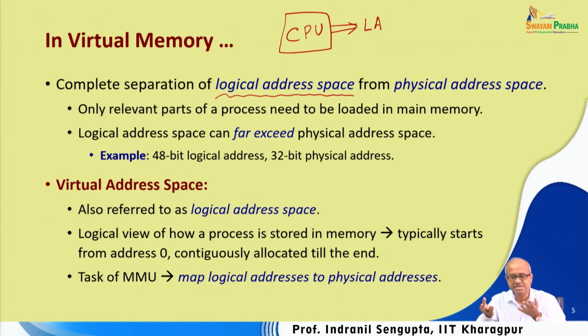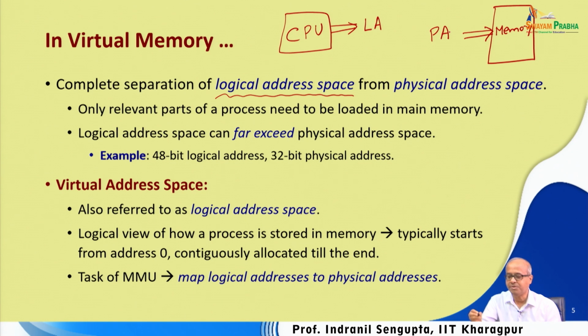If the logical address is, let us say, 32 bits, then my logical address space will be a maximum of 2 to the power 32. Okay? Similarly, this is your physical memory, the main memory. When you finally access the memory, you access it by its physical address. This is called the physical address.